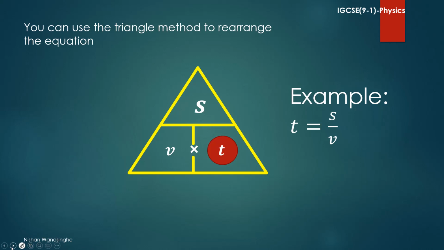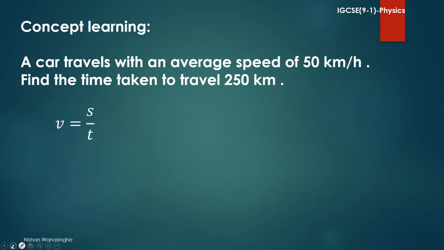We can do another example. Concept learning question. A car travels with an average speed of 50 kilometers per hour. Find the time taken to travel 250 kilometers. First write the equation v equals s over t. Then from the triangle method, you remember we took t equals s over v, or you can make t the subject here, it is not a big thing, right?